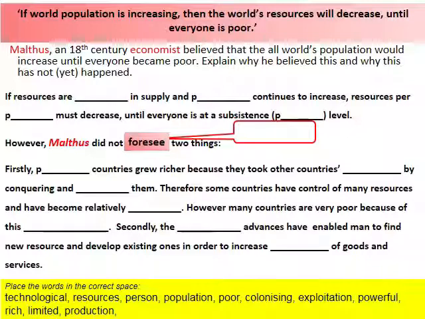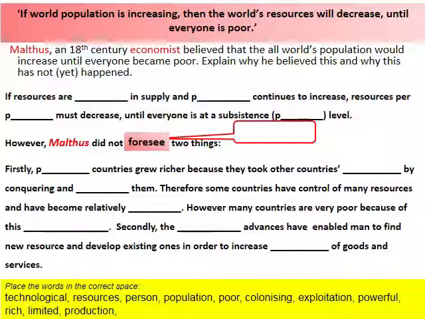So the outlook on the information presented: one limited planet Earth, increasing world population, not only increasing but increasing progressively, then everyone should be getting poorer. And there was an economist called Malthus who believed that the world's population would increase until everyone would eventually become poor.